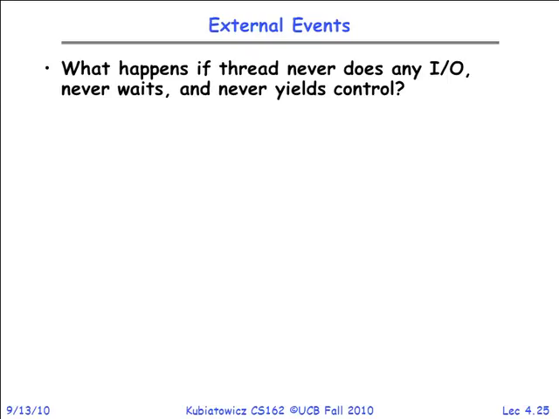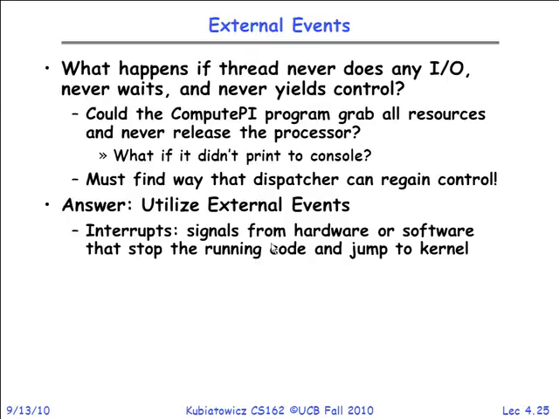So how do we regain control? Well, we use external events. A great one is a timer interrupt. Okay, so what's an interrupt? We'll talk more about this next time, but an interrupt basically signals from hardware or software in some cases that basically reach in, grab the CPU out from under the thread, and go back into the kernel and start executing.